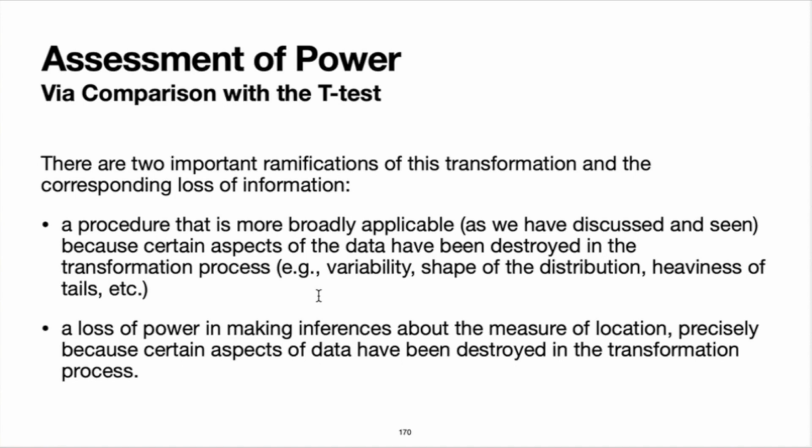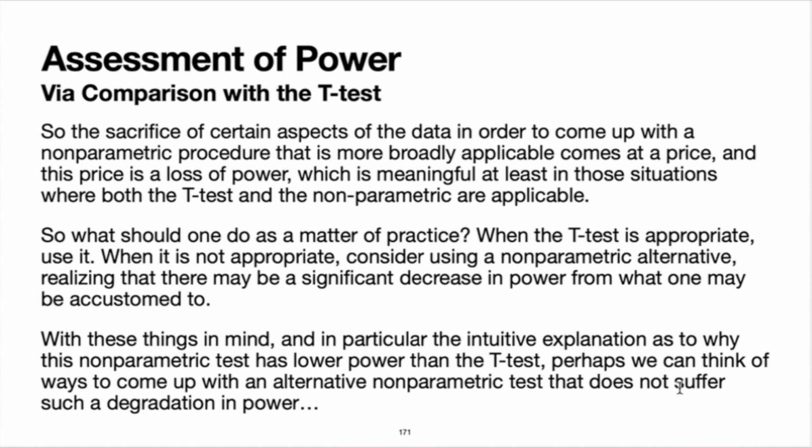That is what degrades the power of that nonparametric test. So the sacrifice of certain aspects of the data in order to come up with a nonparametric procedure that is more broadly applicable comes at a price. And this price is a loss of power, which is meaningful at least in those situations where both a t-test and the nonparametric test are applicable.